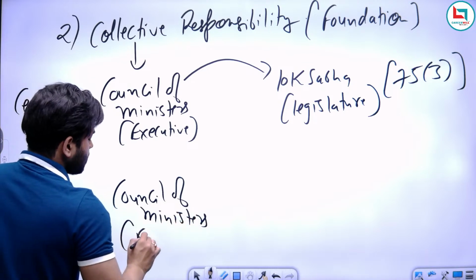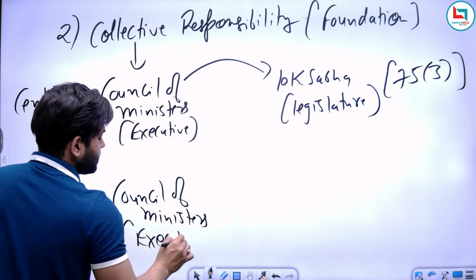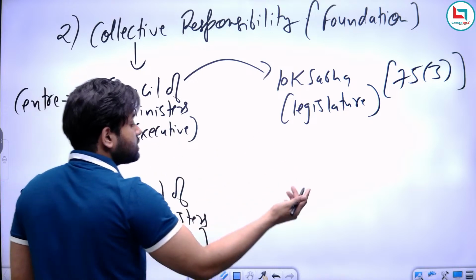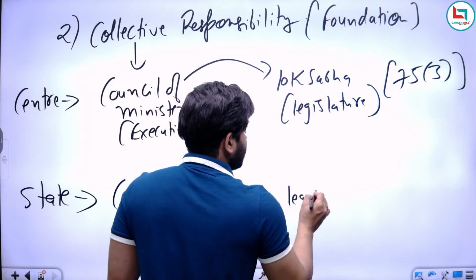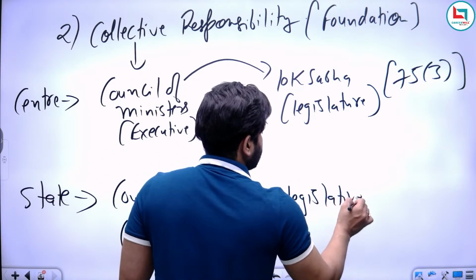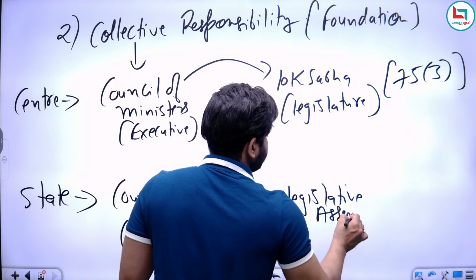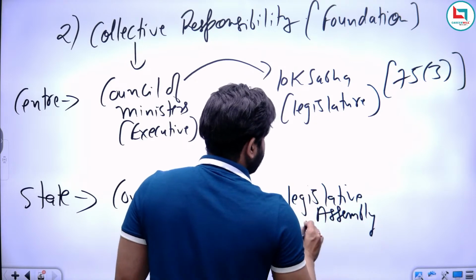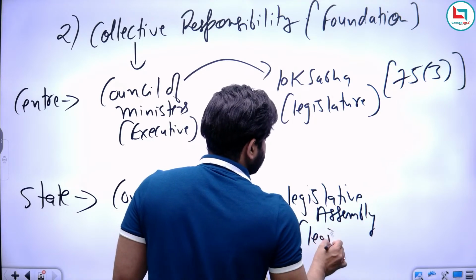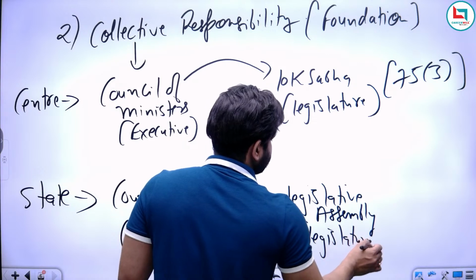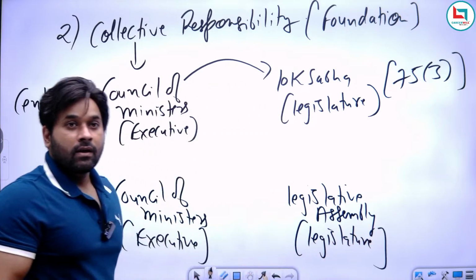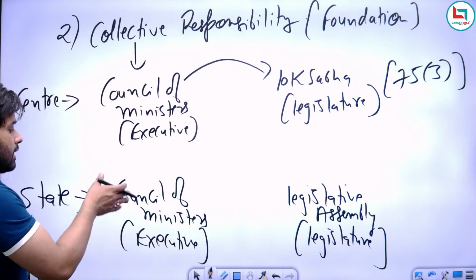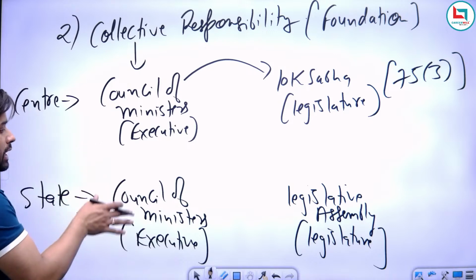So state council of ministers are also a part of executive, and they are responsible to the legislative assembly. And legislative assembly is the legislature present in the states. Okay. So again, we have justified that this feature is present at both the level.